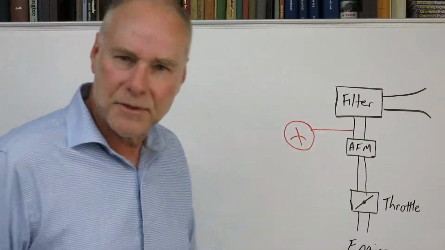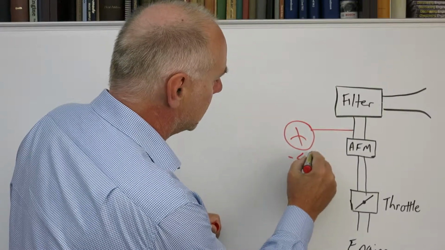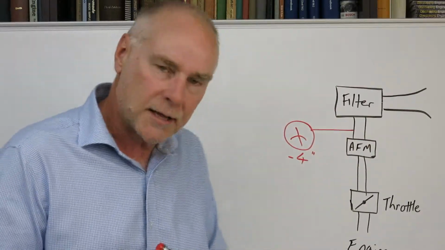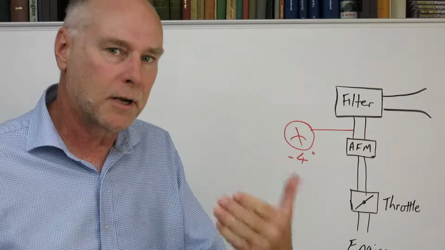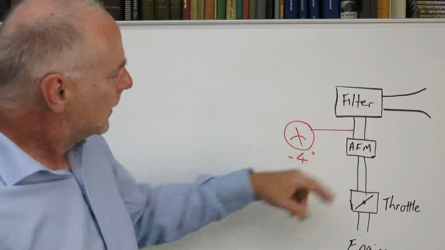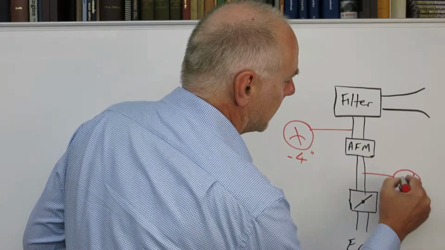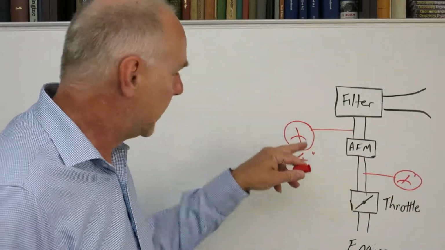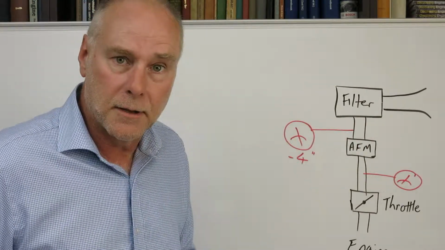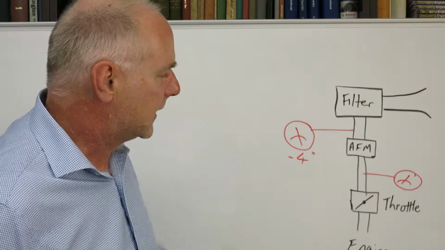So let's put some numbers to it. Let's say that this is showing minus 4 inches of water. In other words, the pressure is 4 inches of water below atmospheric, and we measure small pressures in inches of water. Let's now connect the gauge here. We just move it. We just connect it to the intake system with a rubber or plastic tube, and we seal up that little hole and we move it and we connect there.